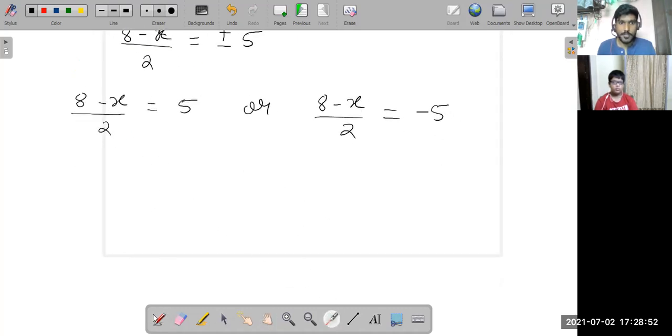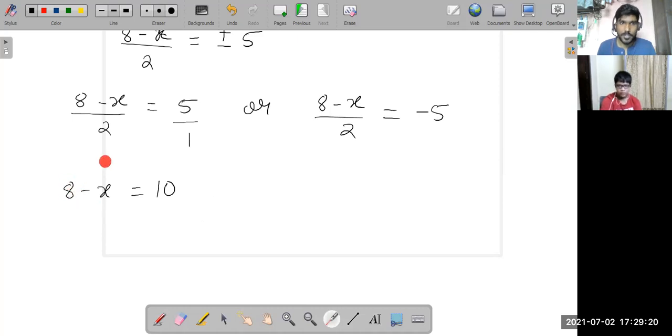Let's do this. Now here what you do is cross multiplication. Okay, so 8 minus x into 1 will be 8 minus x is equal to 2 into 5 is 10. Did you understand this cross multiplication? Yes, sir. Okay. Now take this plus 8 to the other side. What is the sign for 8?